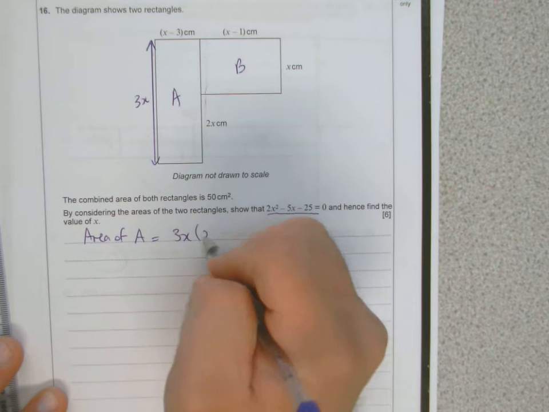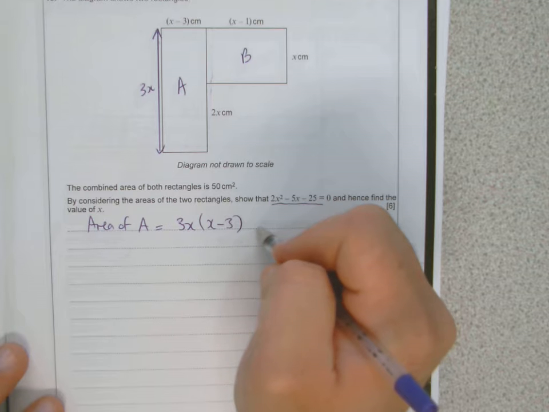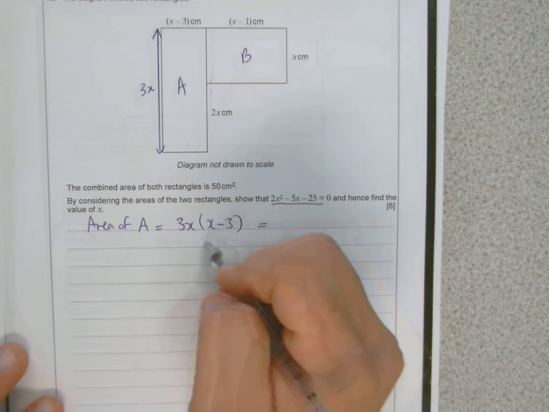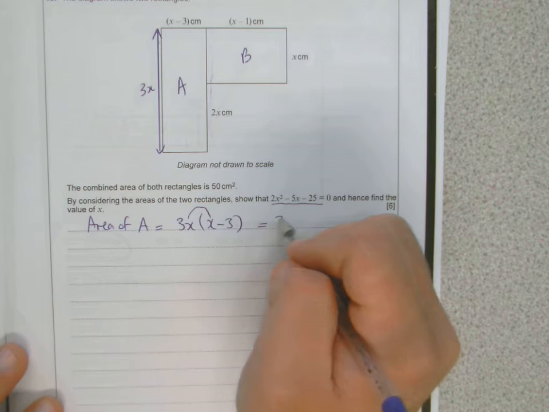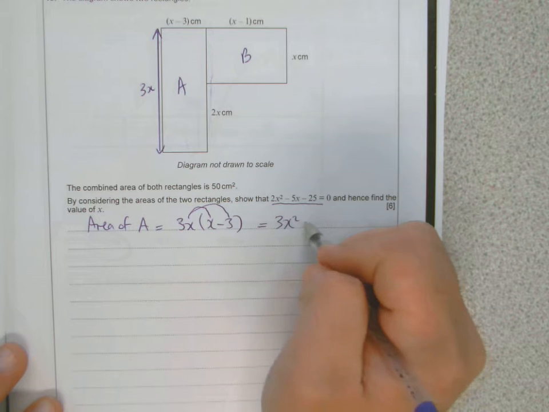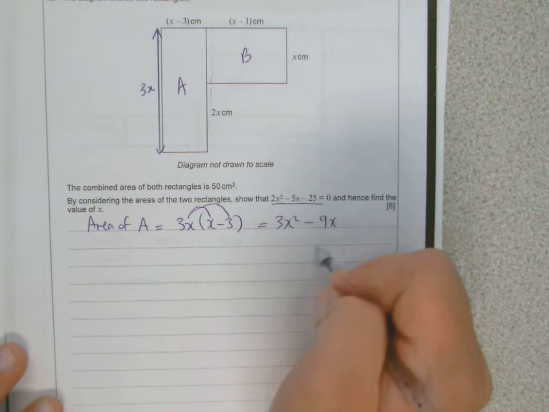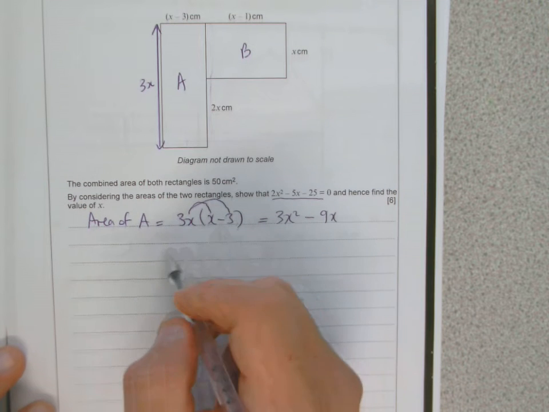So I just put the bracket there, I don't have to write times in, because the bracket represents multiplying. So then we'll times them out. Each term in the bracket times by 3x, so 3x times x is 3x squared, and 3x times minus 3 is minus 9x. So that's A done.